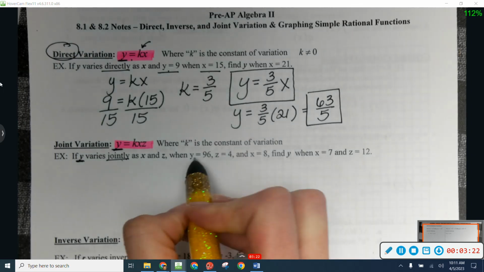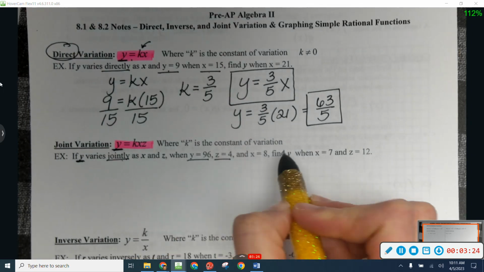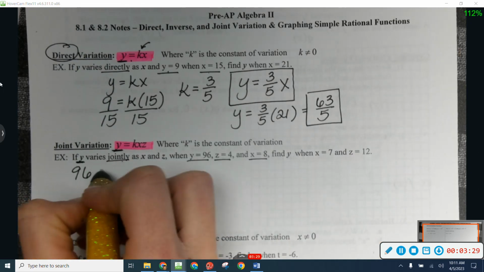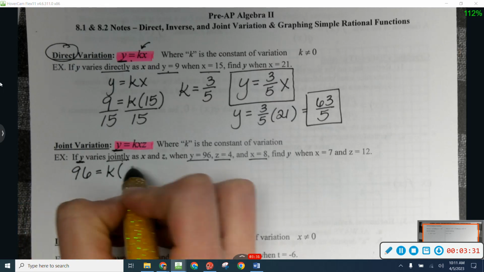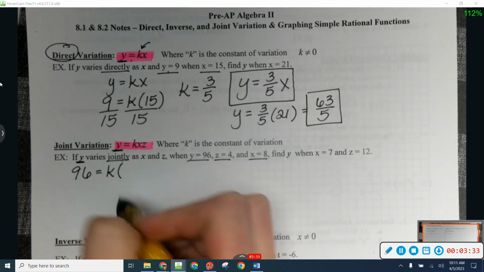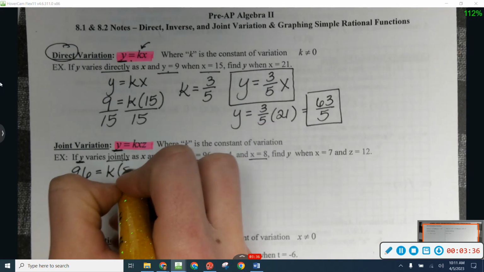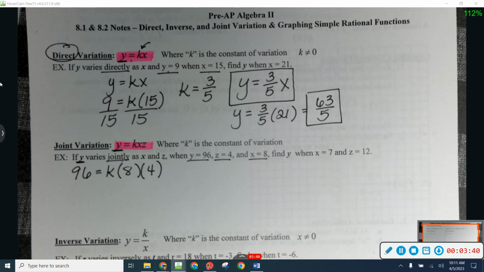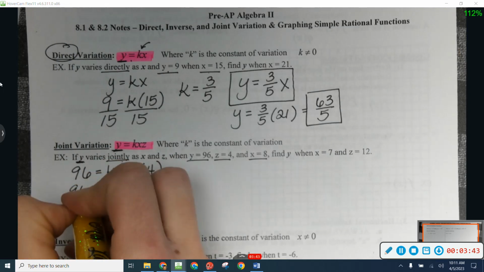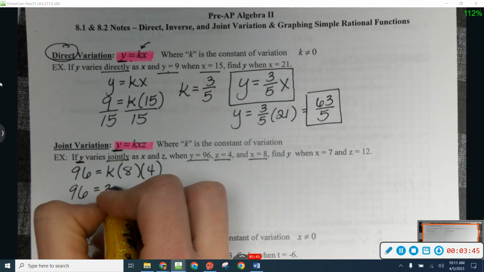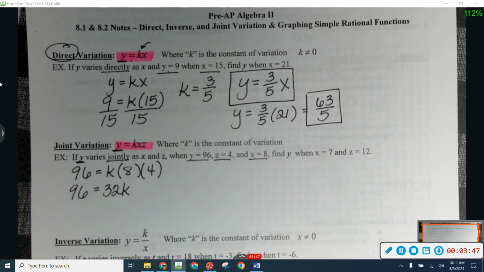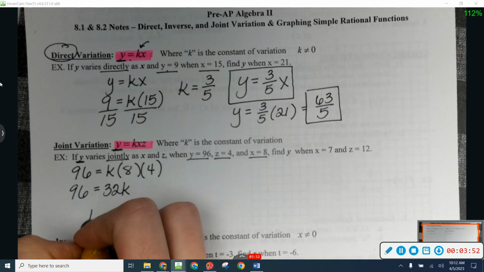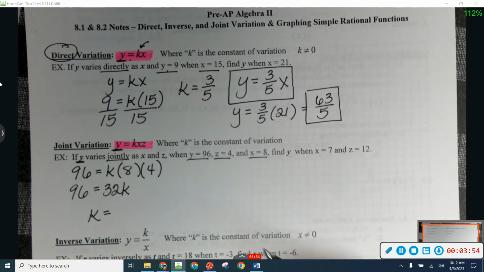So y is 96, z is 4, and x is 8. So I'm going to have 96 equals k times 8 and 4. So 96 is equal to 8 times 4, which is 32, okay? And so, divide by 32, and k is equal to 3.